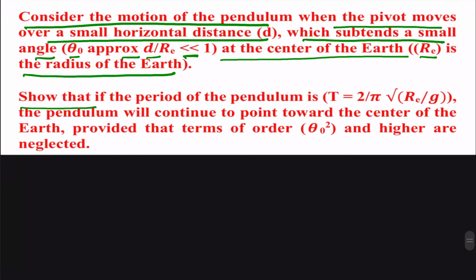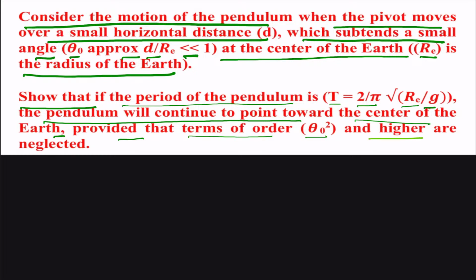Show that if the period of the pendulum is T equal to 2 pi root of Re upon g, the pendulum will continue to point towards the center of the earth, provided the terms of the order theta naught squared and higher are neglected. So this is the basic question.